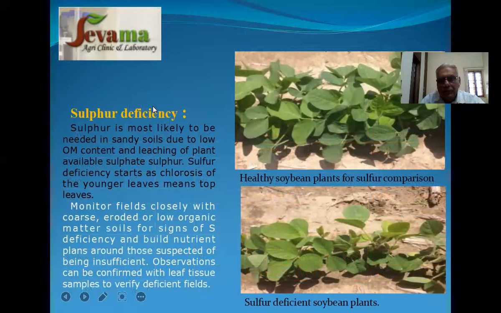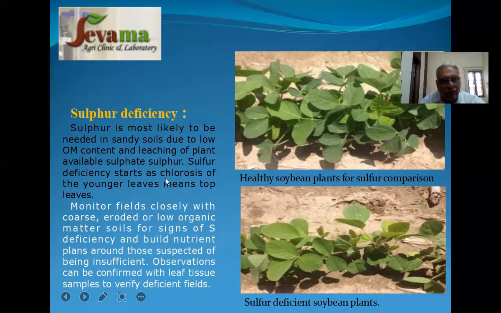Sulfur deficiency. Here you can see a healthy soybean plant, taken for comparison, and here a sulfur deficient soybean plant. You can see the clear-cut difference. Sulfur deficiency is most likely to be seen in sandy soil due to low organic matter content and leaching of plant available sulfate sulfur.